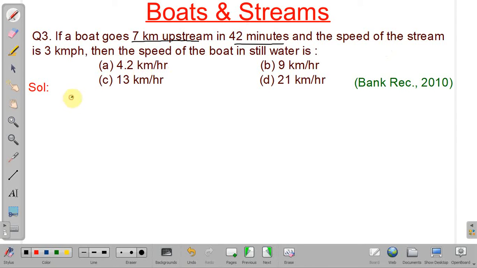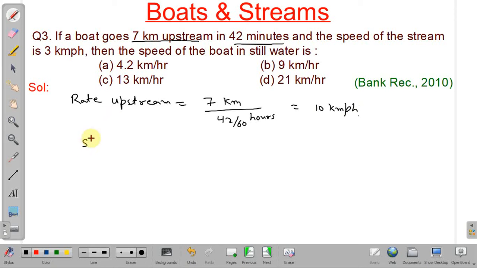Therefore rate upstream, distance is given 7 kilometer and time 42 minutes, so 42 by 60 hours. So it will be equal to 10 kilometer per hour.